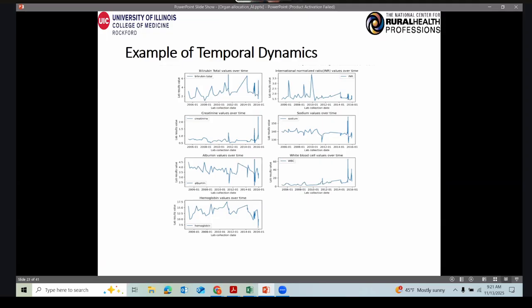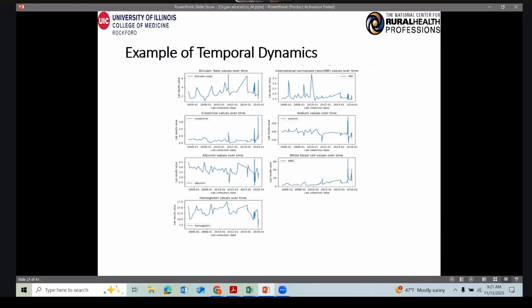When we look at this graph, we can start to appreciate the story behind the numbers. For instance, you can see that bilirubin and INR often fluctuate significantly. Both are direct indicators of liver function, and those spikes usually represent periods of decompensation when the liver temporarily worsens. These ups and downs are common in end stage liver disease.